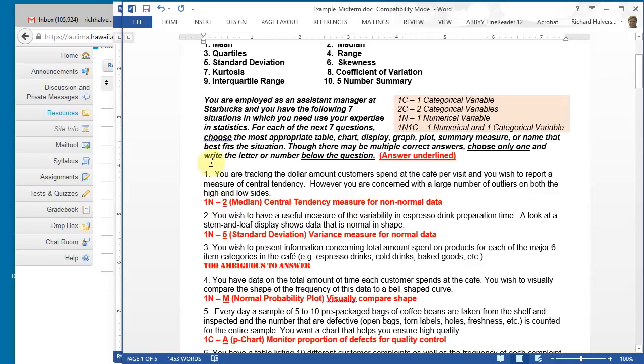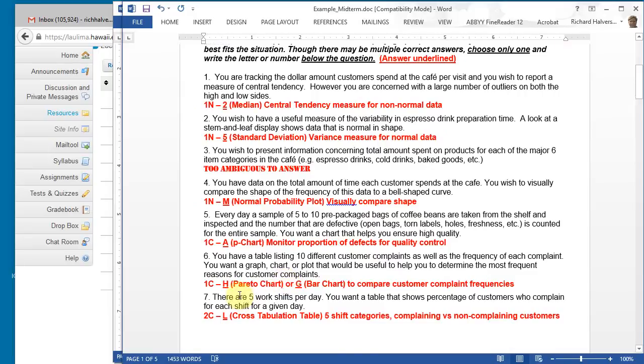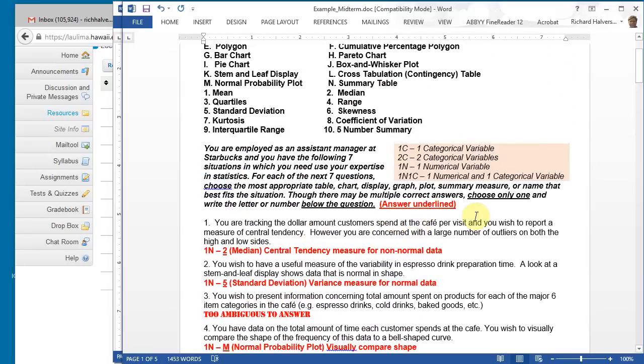Okay, so the first one is you're tracking the dollar amount of customers. Dollar amount implies a numerical value spent at the cafe, and for most of these, you're really only looking at one variable. So it's rare that you're looking at more than one. There are a couple down here, but so 1n is a numerical variable, and you want to report a measure of central tendency.